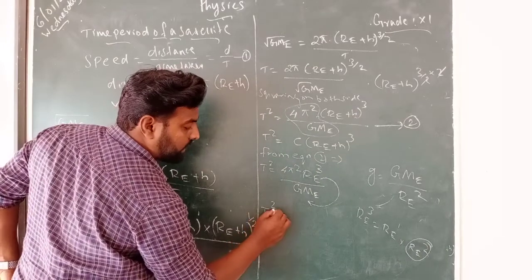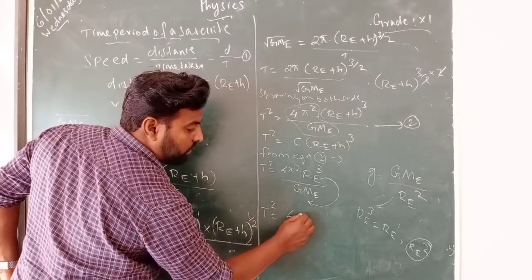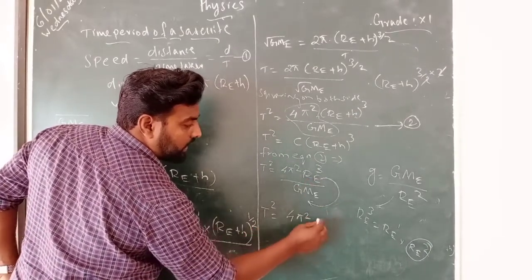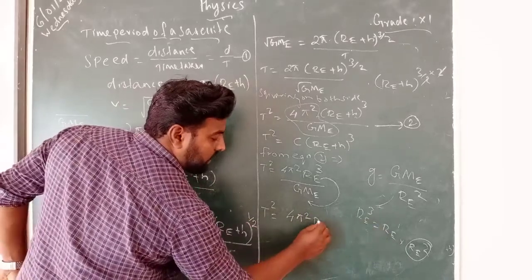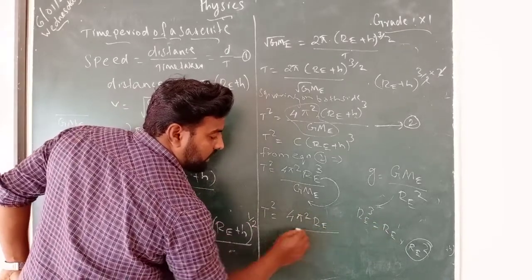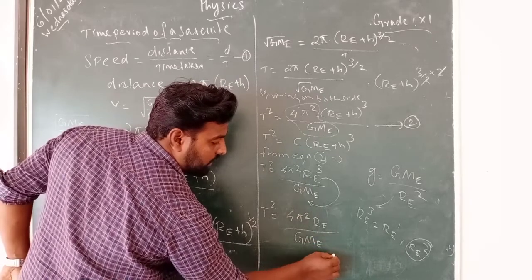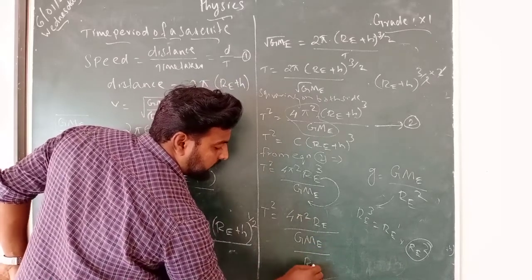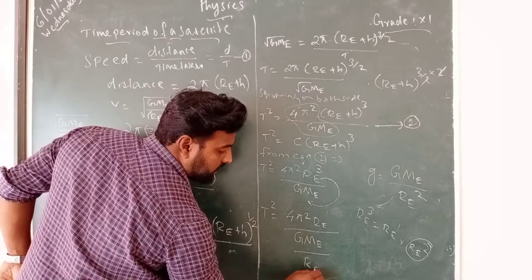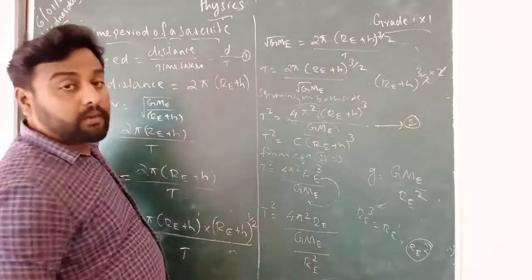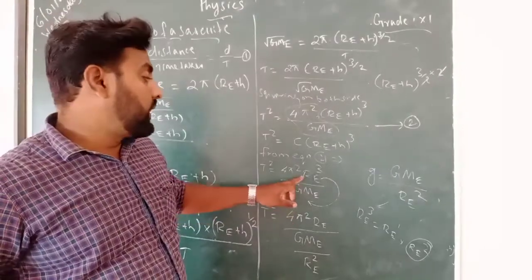So T square is equal to 4 pi square, here 1 R_E, then GM_E by R_E square. So this step is very, very important here.